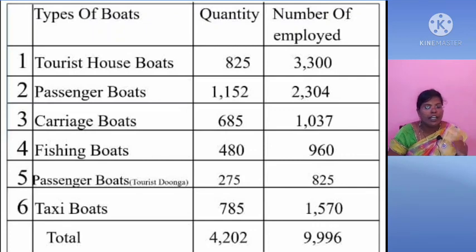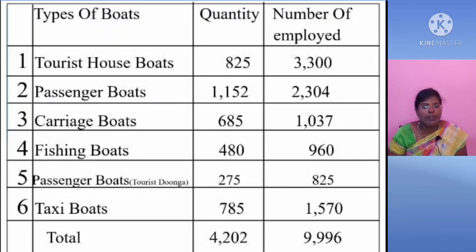If you observe carefully, the second one and fifth one are both passenger boats, but in the fifth they have given in brackets, tourist donga. First one, tourist houseboat: the quantity is 825, number of laborers employed is 3300.